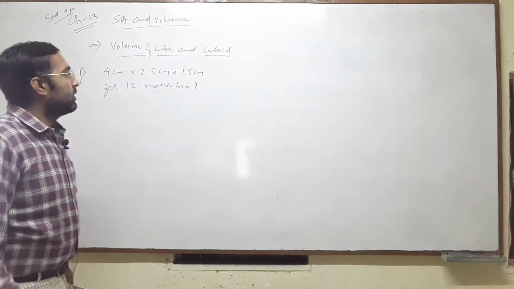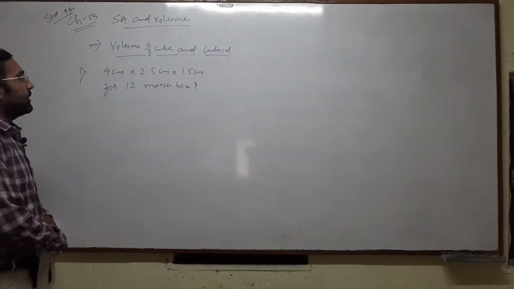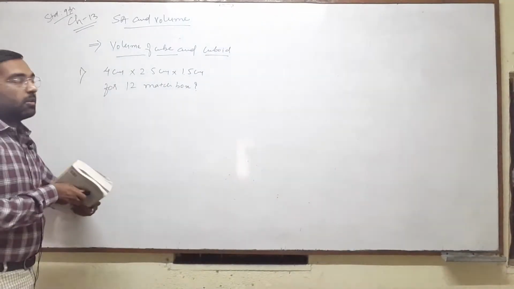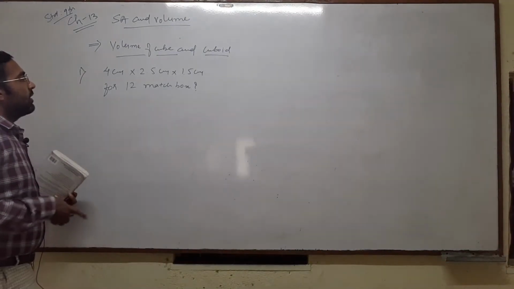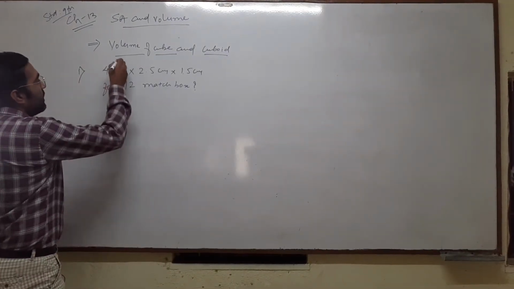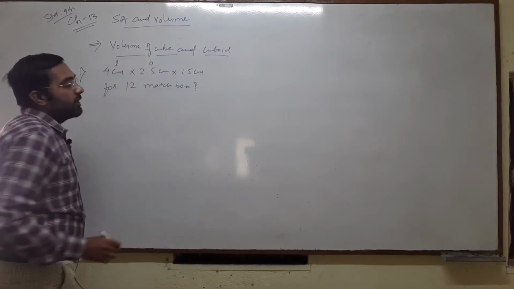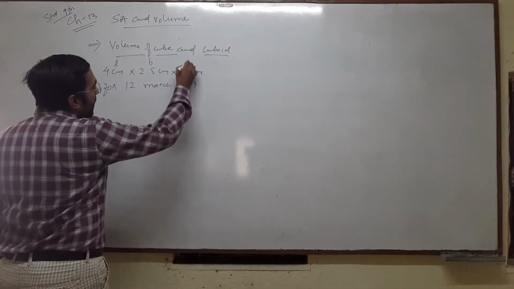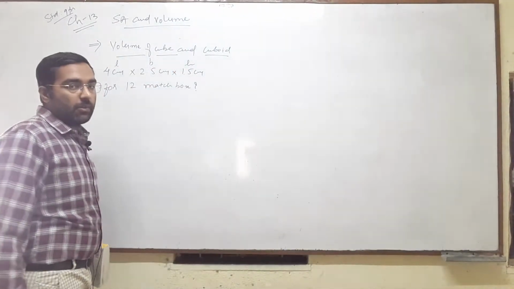Okay, so as per the question, this is my length, that is 4 centimeter, this is my breadth, that is 2.5 centimeter, and this is my height, that is 1.5 centimeter.